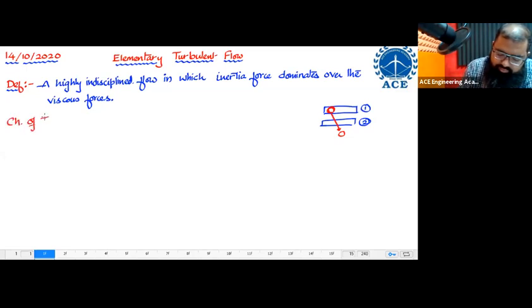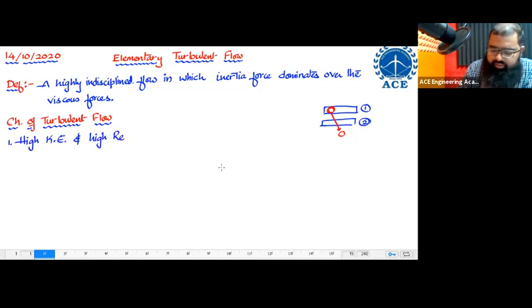Characteristics of turbulent flow. The first characteristic is high kinetic energy and high Reynolds number.